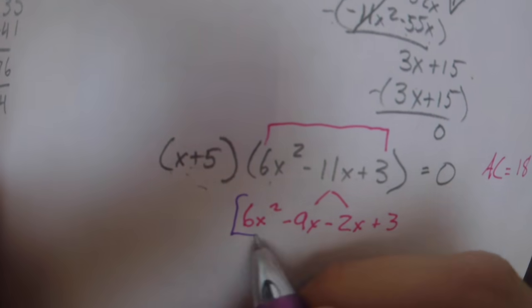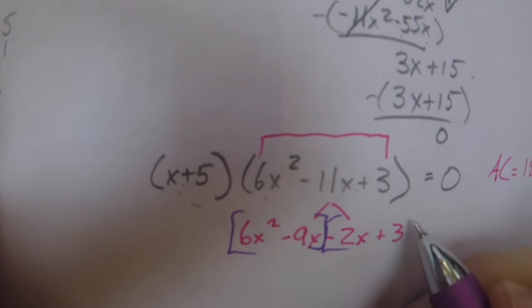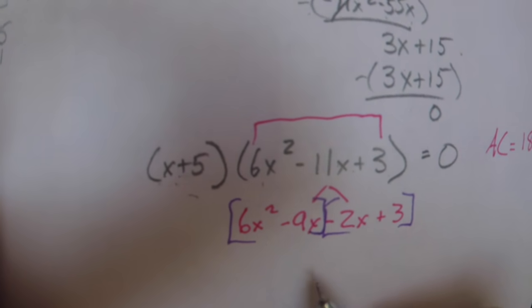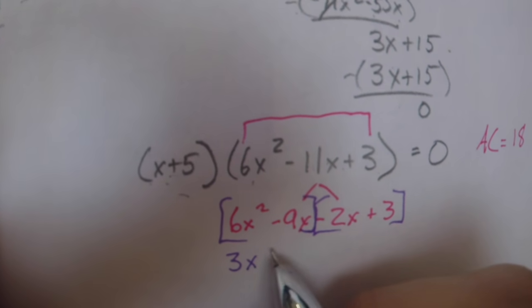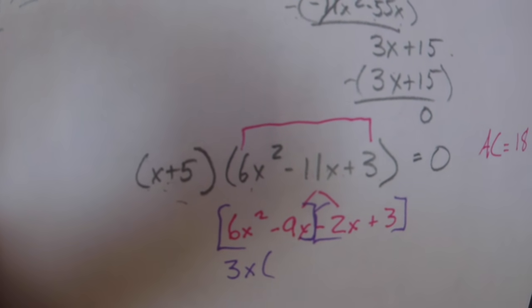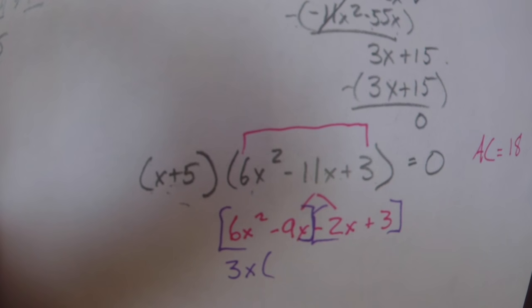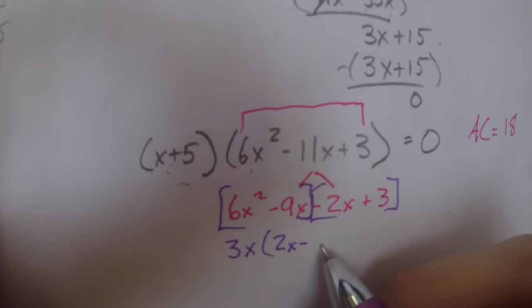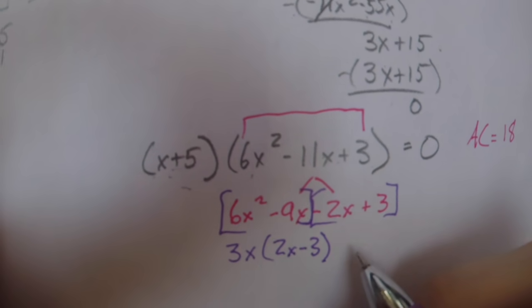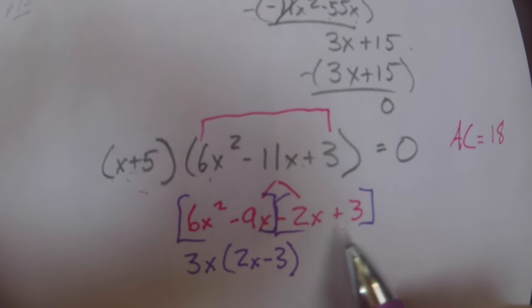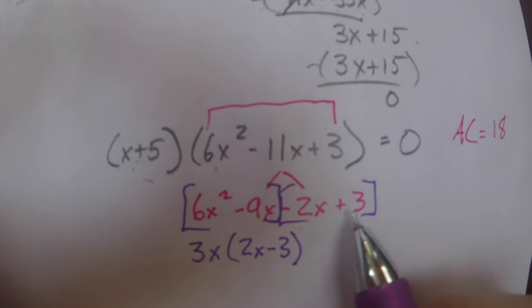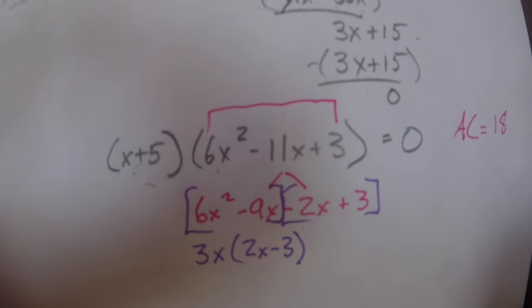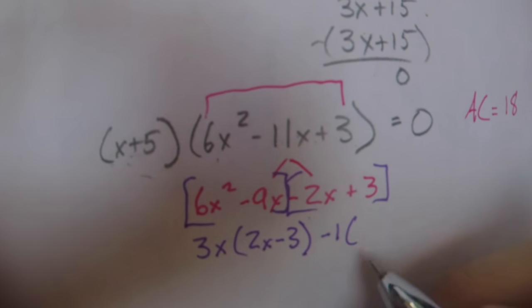Now factor by grouping. Look for GCFs in the two groups. My GCF here is a 3x. I factor that out, I get 2x minus 3. What can I factor out of here so that I get 2x minus 3? I think just negative 1.